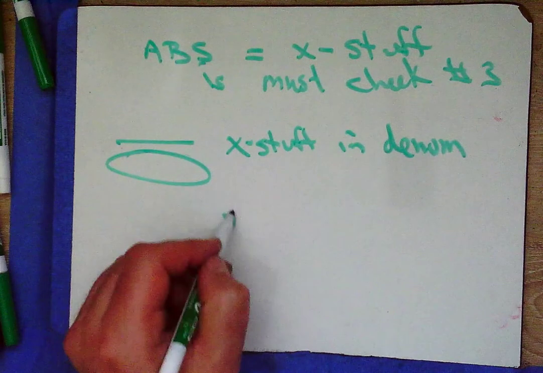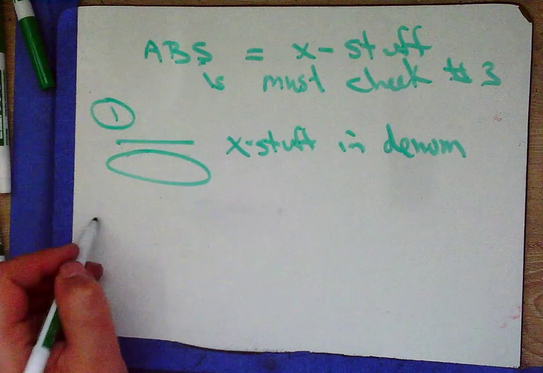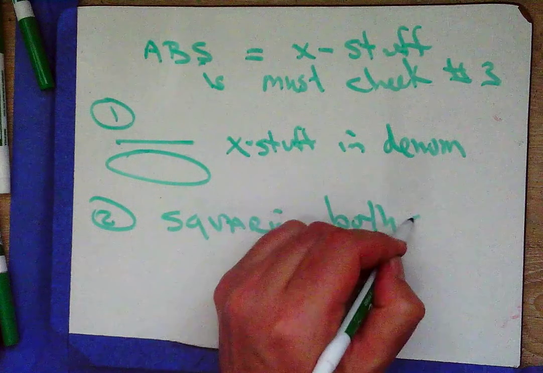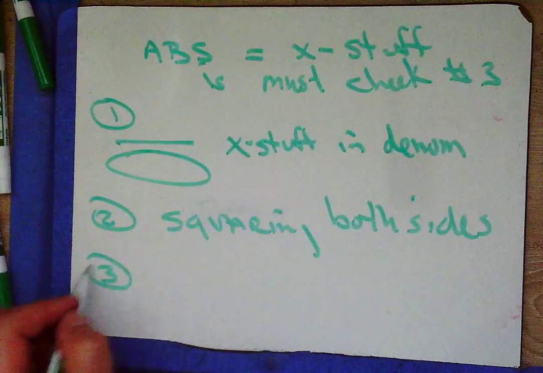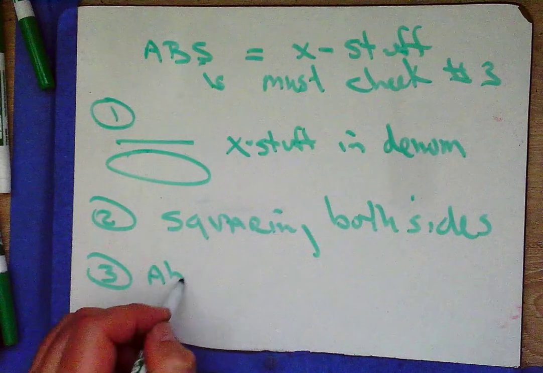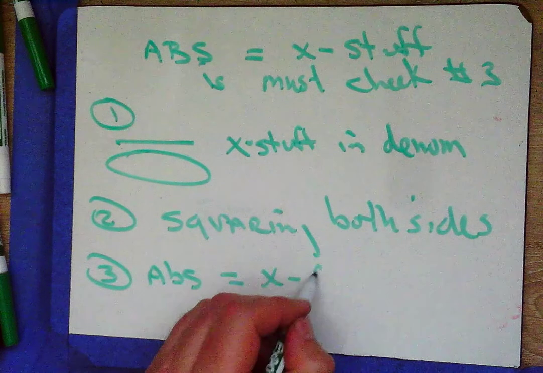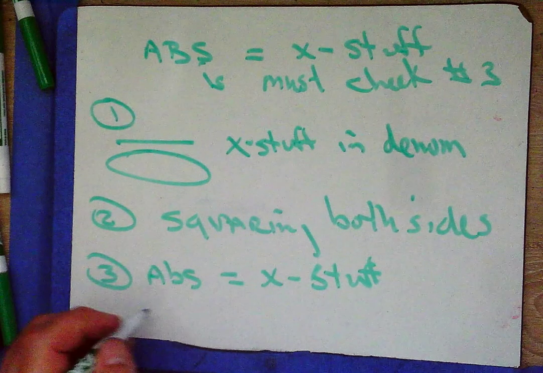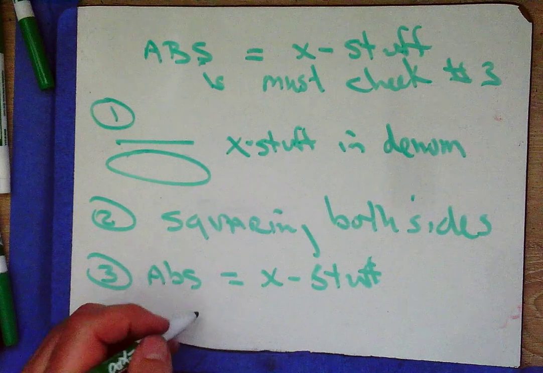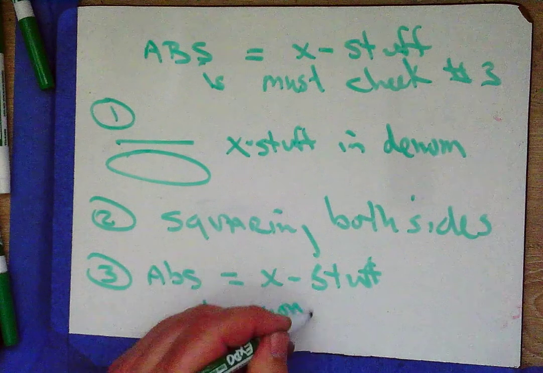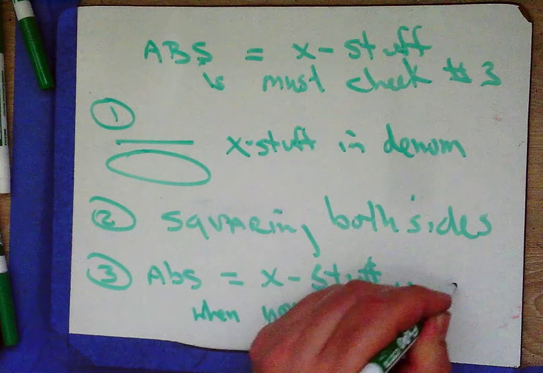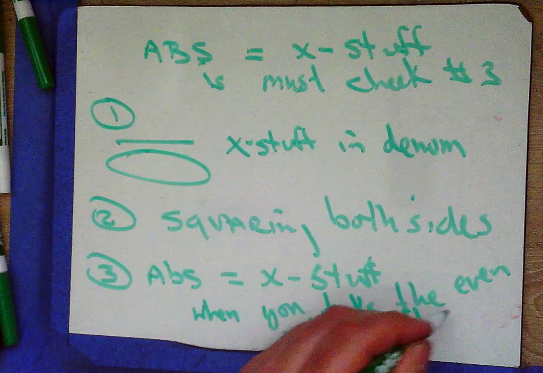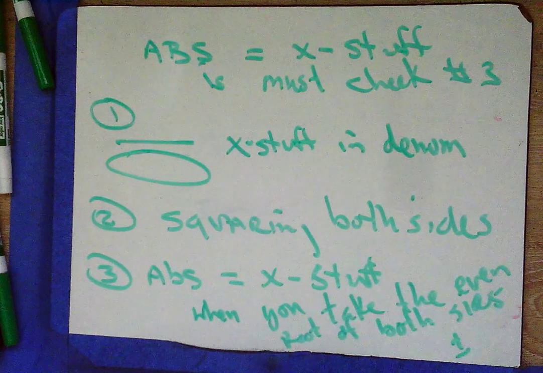Must check number 2, squaring both sides. Must check number 3, absolute value equals x stuff. These are my must checks so far. And I'm also going to add, it's not a must check, but it's a don't forget. When you take the even root of both sides, don't forget the plus and minus.